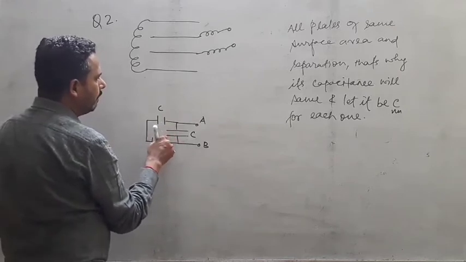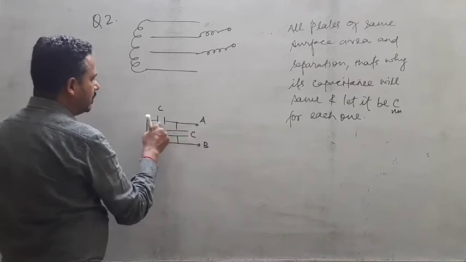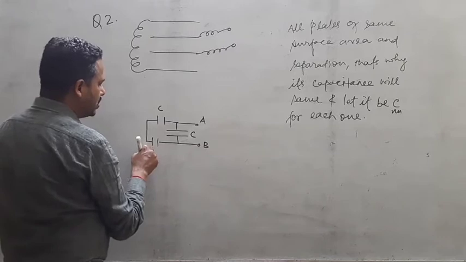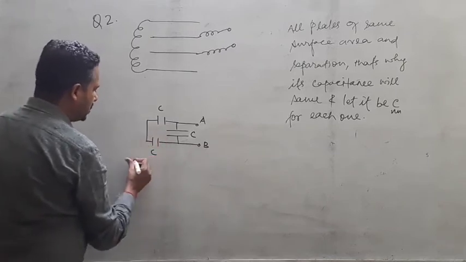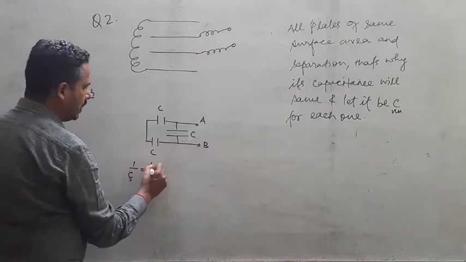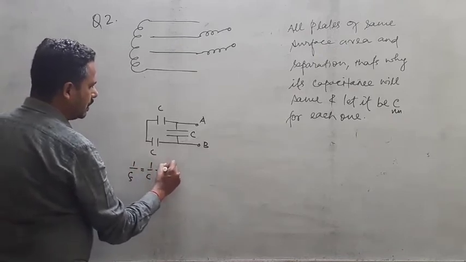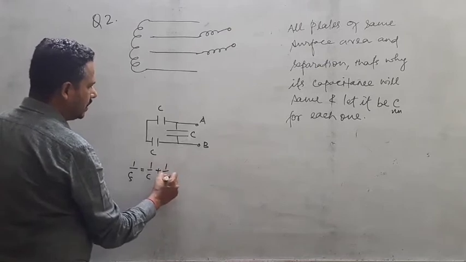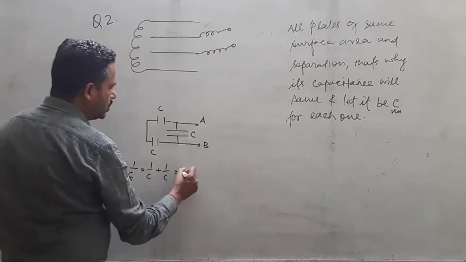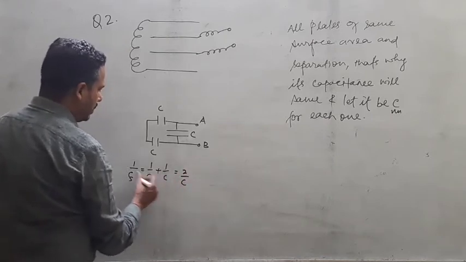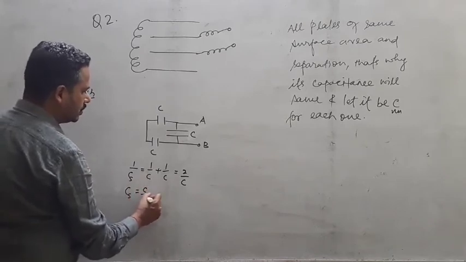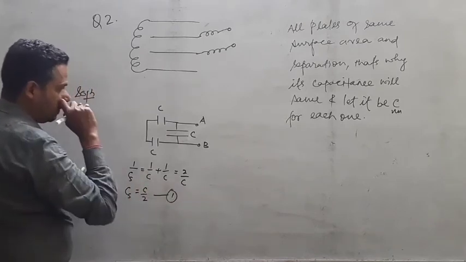Because these two are in series, for a series combination 1 by Cs is equal to 1 by C1, that is C, plus 1 by C2, that is C. So this will be 2 by C, and your Cs for the series combination is C by 2. This is equation 1.